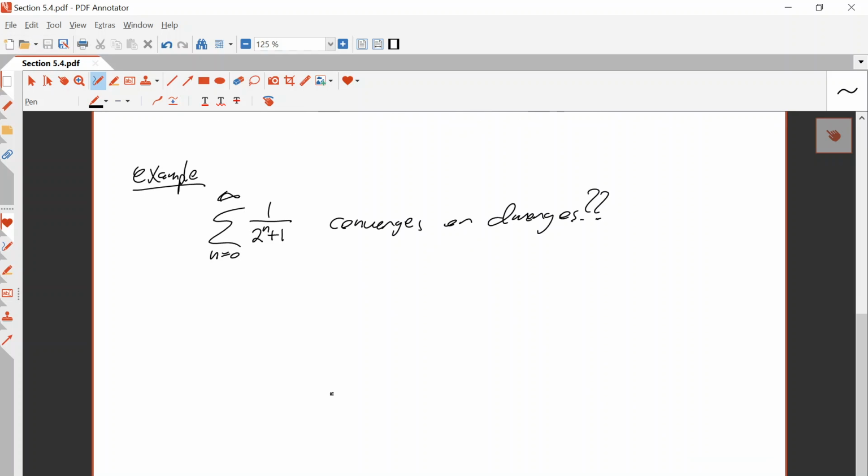Well, because 2 to the n plus 1 is greater than 2 to the n, 1 over 2 to the n plus 1 is less than 1 over 2 to the n, and certainly it's bigger than 0, positive numbers for n bigger than or equal to 0.